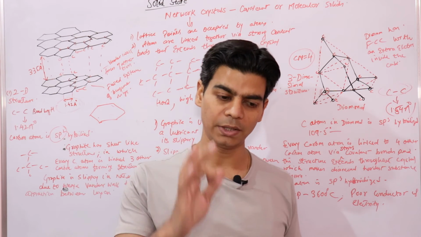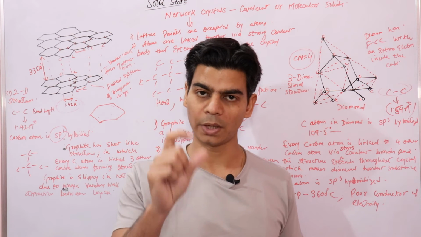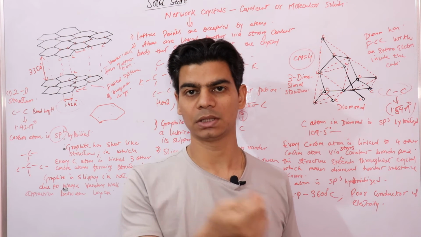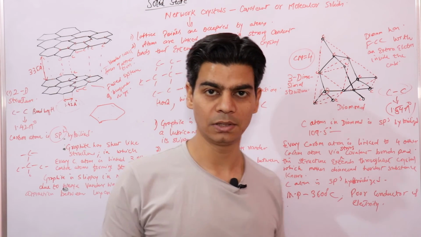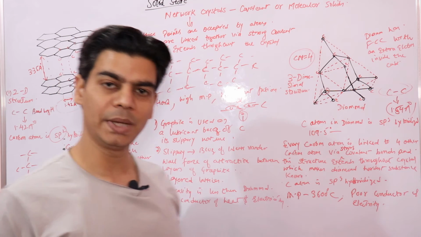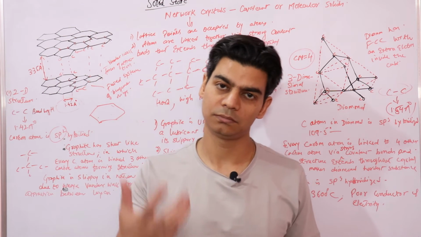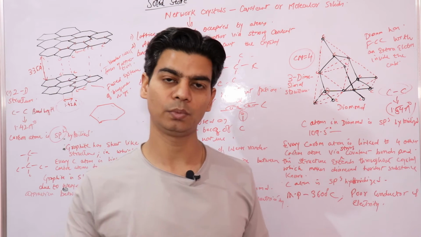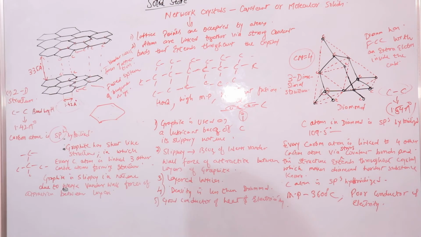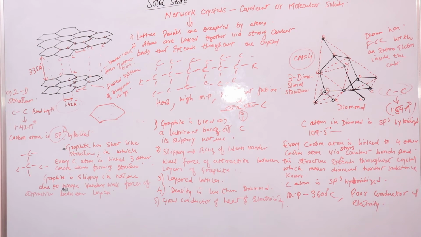One electron is always free, which is a mobile electron. That one electron which is not used in bonding with other carbon atoms is a free electron. So in every layer we have free electrons. That makes it a good conductor of heat and electricity, because we need mobile electrons for electrical conduction. So it is a good conductor of electricity.